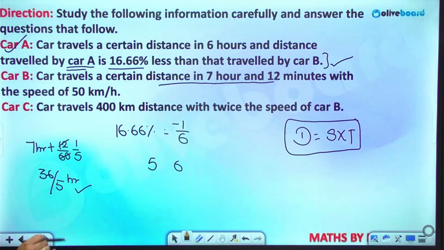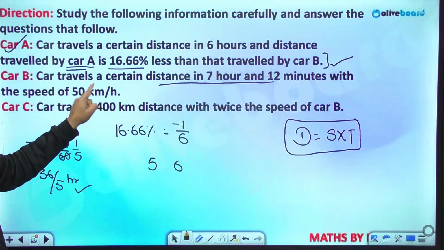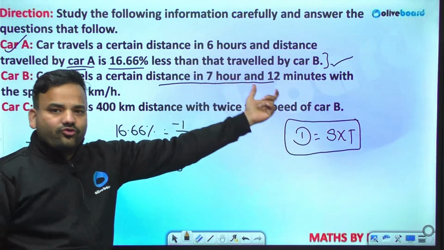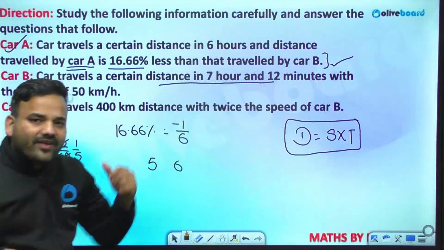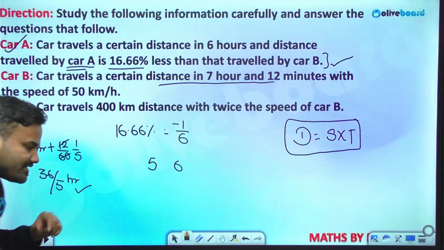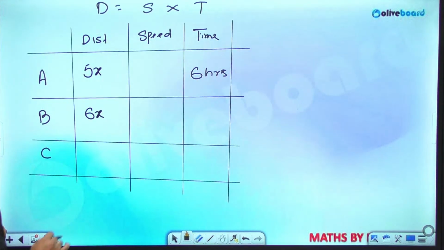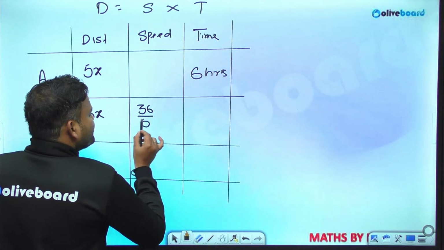Converting the 12 minutes into hours, it will be 12 by 60, that is 1 by 5. So car B is taking an entire duration of 36 by 5 hours. Putting it over here, car B is taking an entire journey of 36 by 5 hours. So this is the tenure.